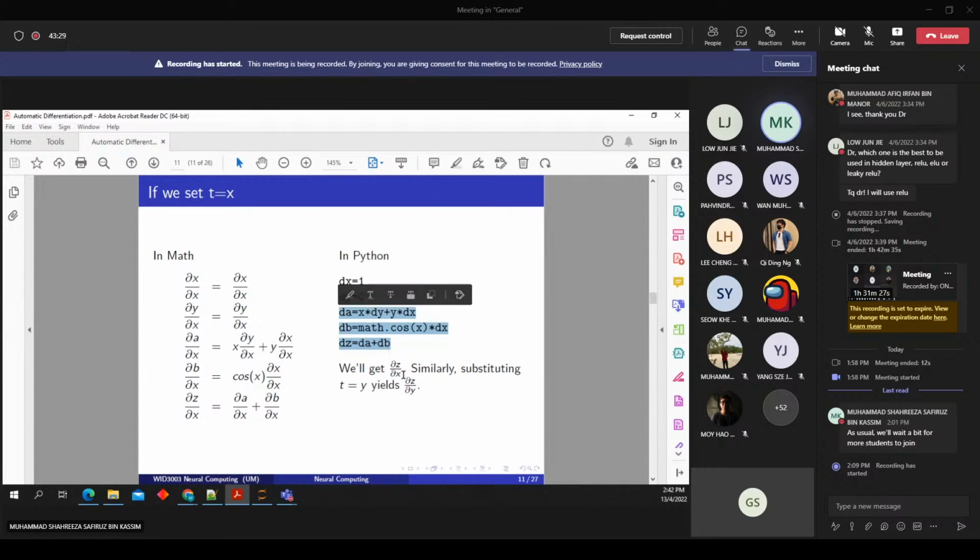At the end of the day, we want to find dz/dx, but how do we do this in coding? For the forward computation, because back propagation we are not going to do this, there are some other clever ways. But in order to do that, you have to set dx equals 1 and the rest of the variables equal 0. And then you'll get these partial derivatives.